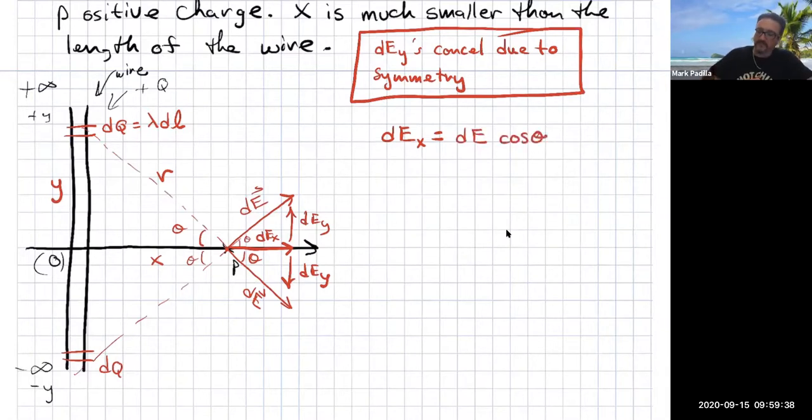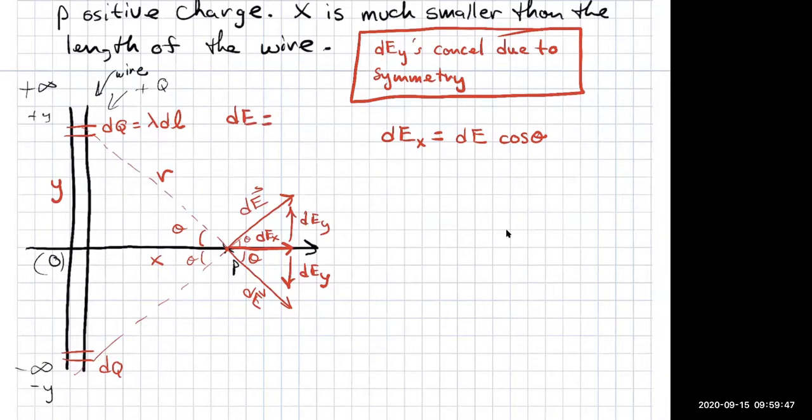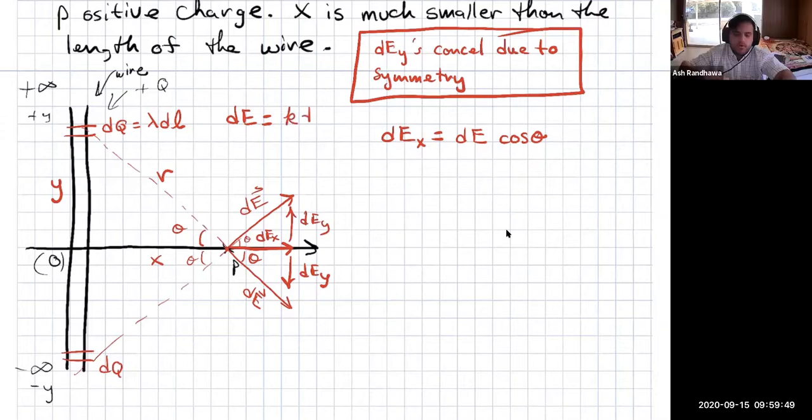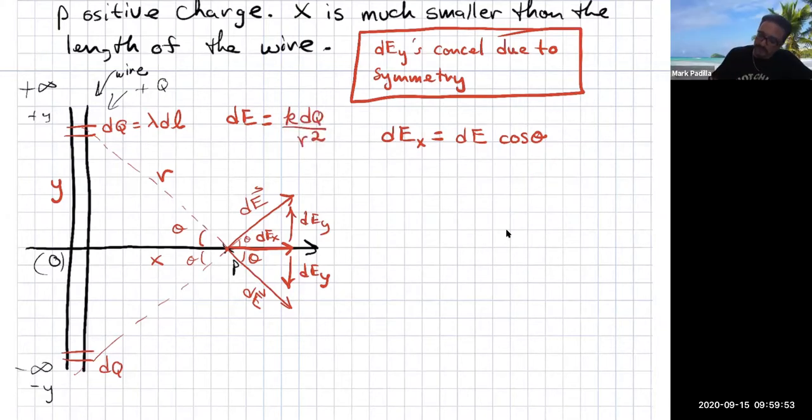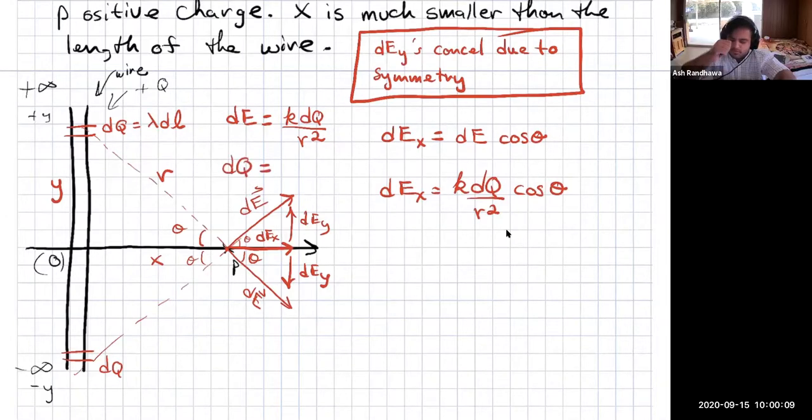So dEx is dE cosine theta. We know what dE is equal to in general: k dQ over r squared. So dEx is equal to k dQ over r squared cosine theta. And what is dQ equal to in general?